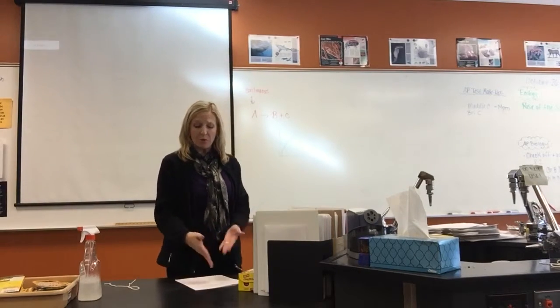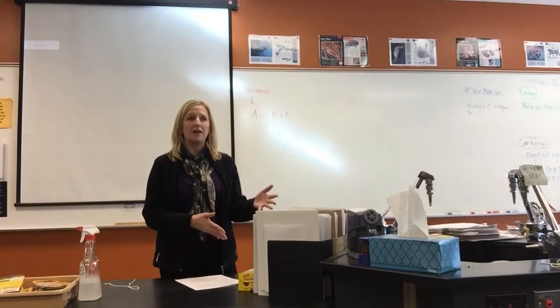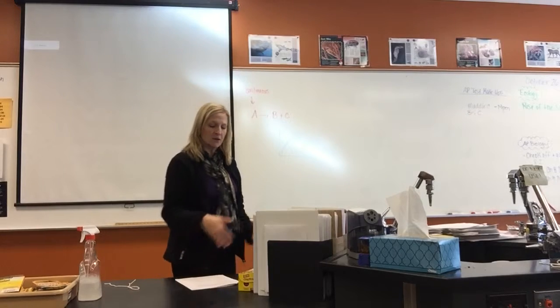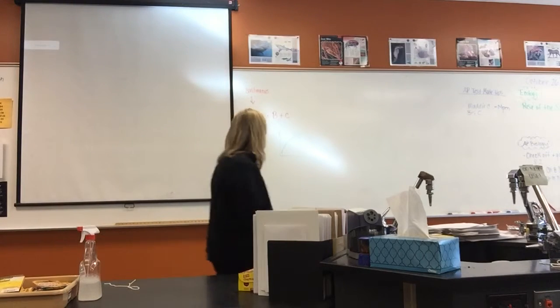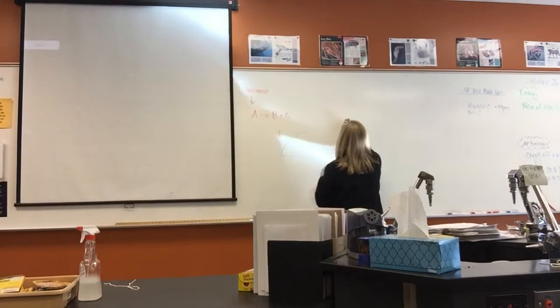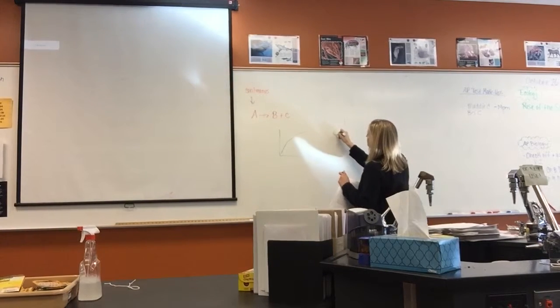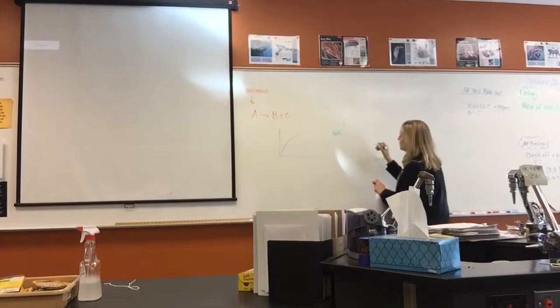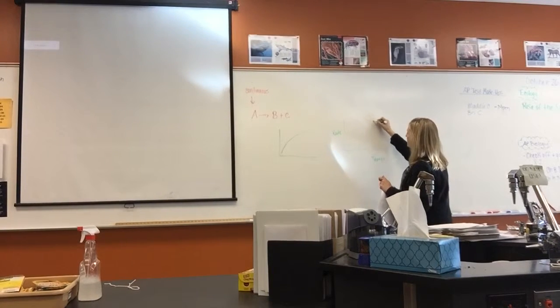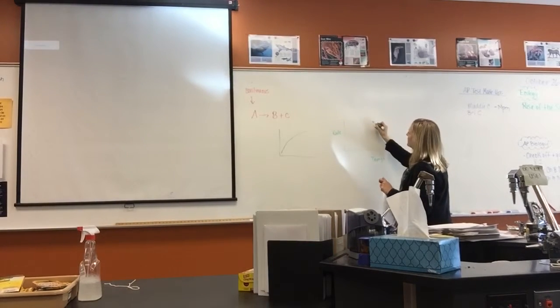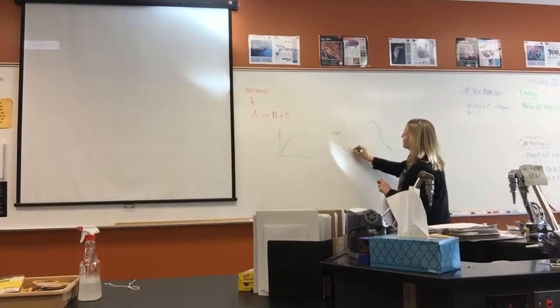Could it be that both of those temperatures are outside of the temperature range? Absolutely, because when an enzyme has a temperature range in which it can work, if this is the temperature and this is the rate of reaction, let's say this is your optimal temperature, it gets too hot and it drops down, and it gets colder and it drops.